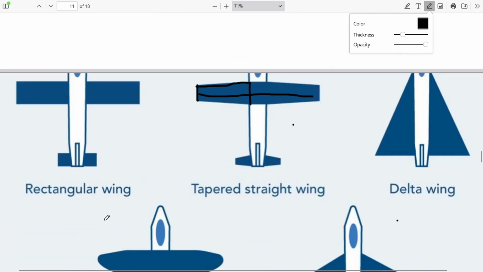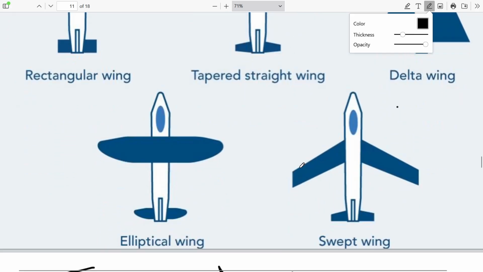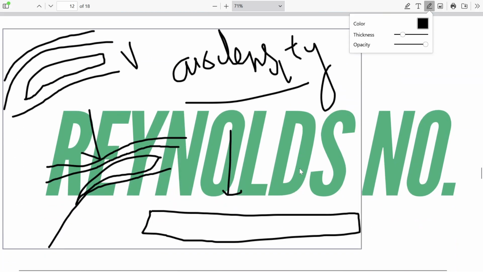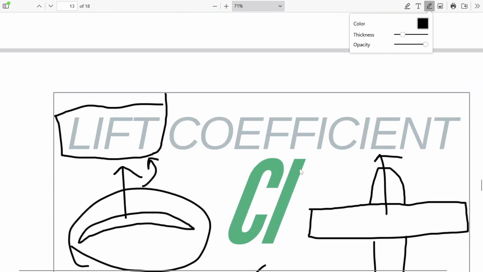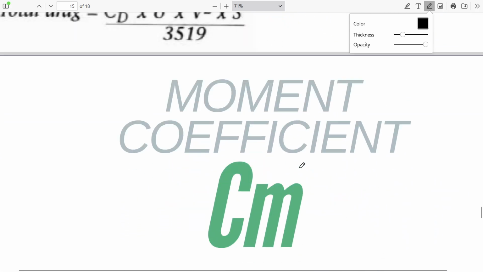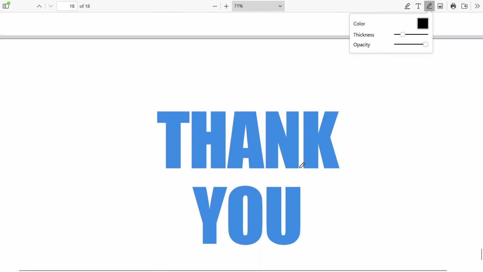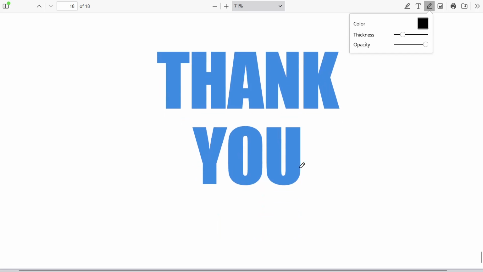In the future videos we will be learning airfoil. Plan forms: we learned different kinds of plan forms: rectangular, tapered, elliptical, swept, delta wings, and Reynolds number. Absolutely, Reynolds number was quite important. And then lift coefficient, drag coefficient, moment coefficient, and now the stall. These were a few terms that we will encounter a lot in the future.